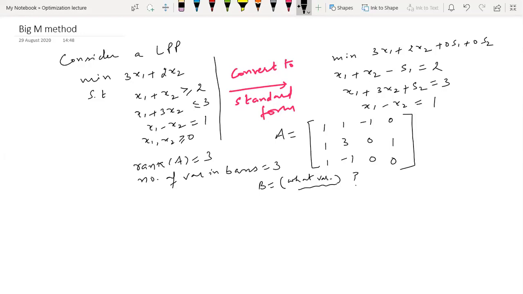Okay, how do we start this problem, because we do not have an identity matrix here. Okay, any idea what basis should we choose and how to do this?